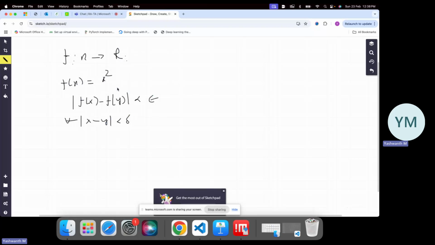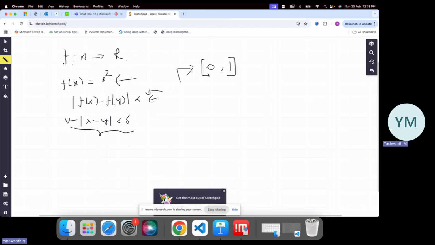We can see that this x squared is dependent on the point at which the continuity is being considered. So it's not possible to get one delta across all the points in the domain to satisfy this. But it is uniformly continuous when we restrict the function to compact sets.